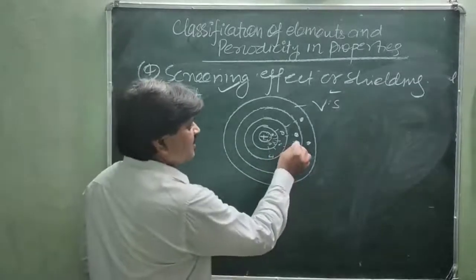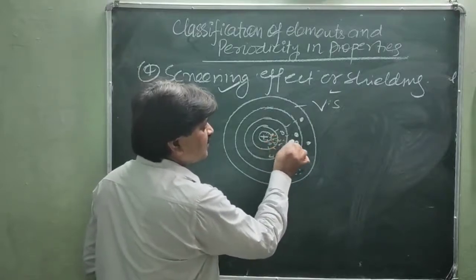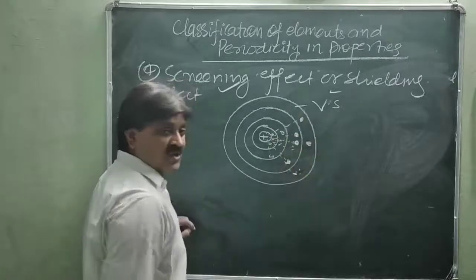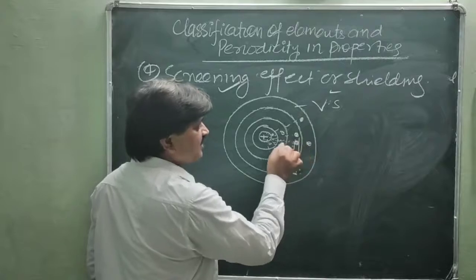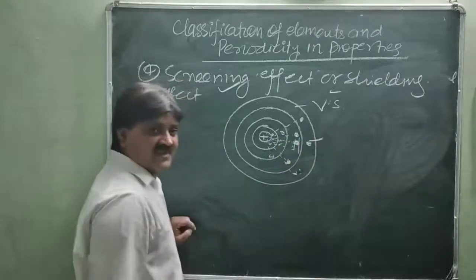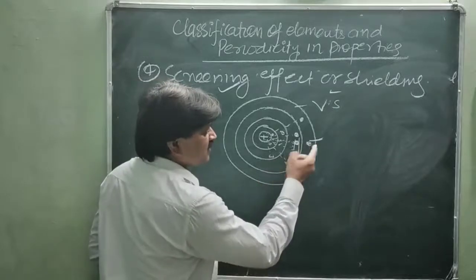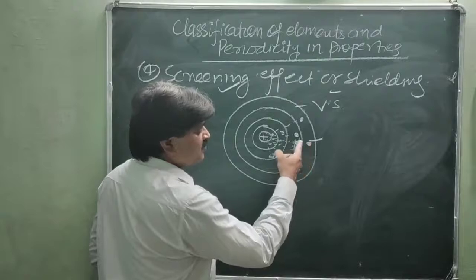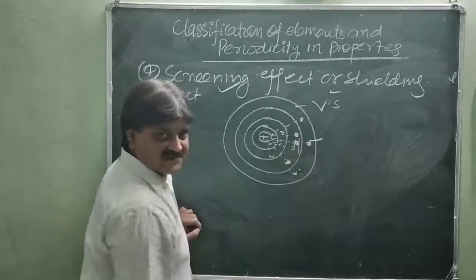So this electron shields the part of the nucleus which interacts with the outermost electron. This inner shell electron acts as a screen, a curtain, for this electron. Whenever the inner shell electron, by rotating, comes in front of the outermost shell electron, the direct force of attraction of the nucleus on this valence electron decreases.